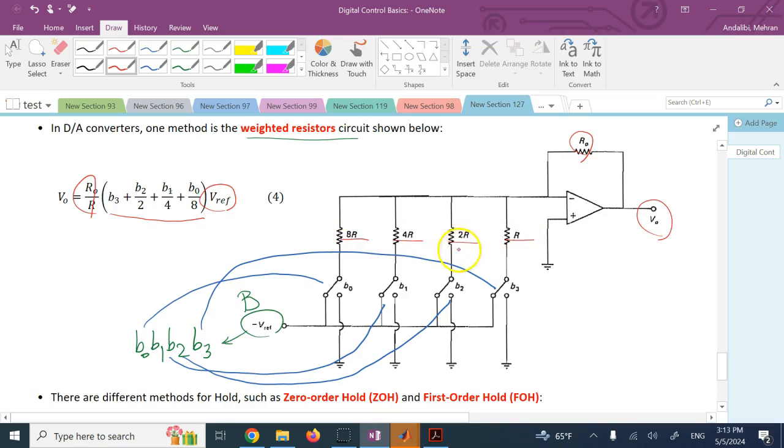So it's R, 2R, 4R, and 8R, which corresponds to basically these denominators here. So the circuit will convert a 4-bit binary number into an appropriate value that can now be held to generate the analog signal, right? So right now, you can say this portion is converting a binary number into a decimal number.